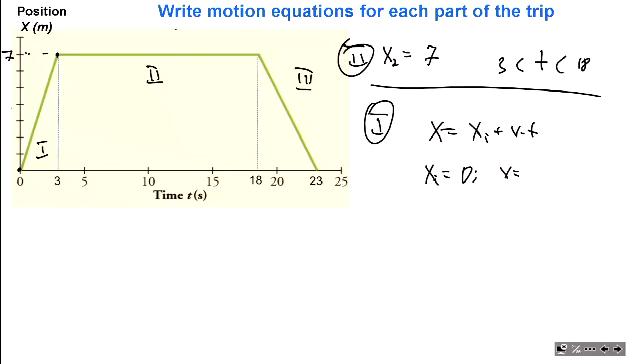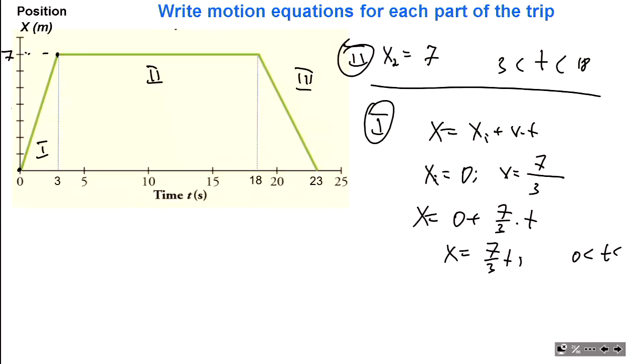It's supposed to be equal to 7/3. So the motion equation is 0 plus 7/3 times time, or just 7/3 t, and that equation works for time between 0 and 3 seconds. That's it.